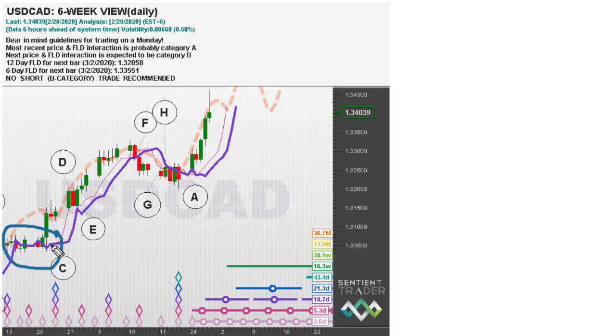When you see price finding support like that, and it's being held up by that 20-day FLD, that's a good opportunity to get into a long trade. And one of the ways in which you could have traded this was to have set a level just above the highs, draw a trend line across the highs of those bars when they're finding support at the 20-day FLD. I don't believe in always trading using trend lines or VTLs.